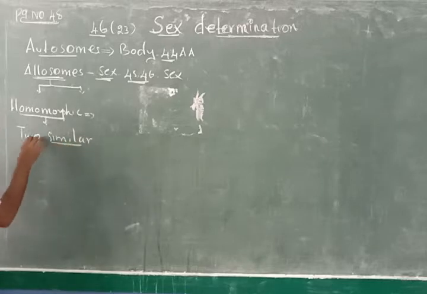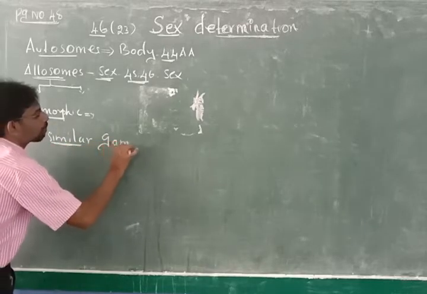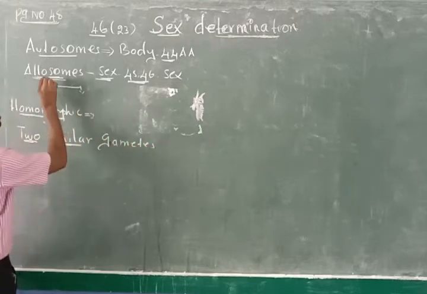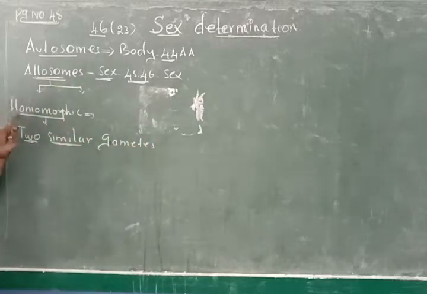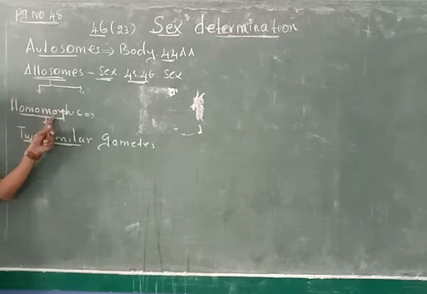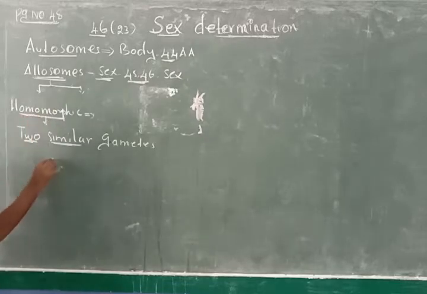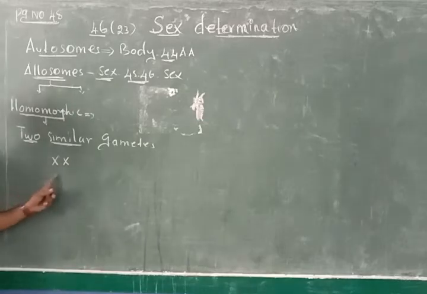Very important: homo means two similar gametes are formed or produced from these sex chromosomes, and they are called homomorphic chromosomes. When you talk about homomorphic, you will have two similar gametes. So what are the two similar gametes? For example, if it is X and X in female, these two gametes are similar, looking alike.